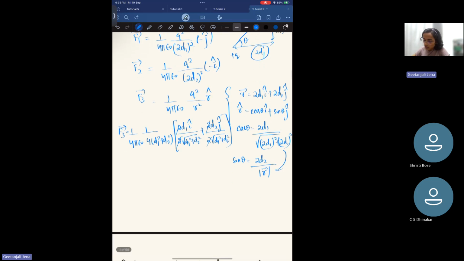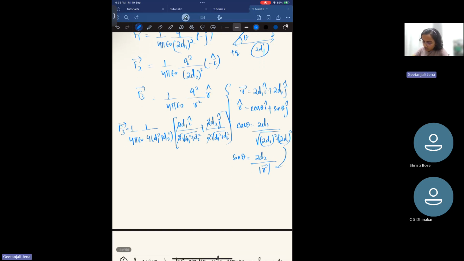2 will cancel. So now we can calculate what will be F, which is F1, F2 plus F3. Let us take K as 1 by 4 pi epsilon naught.